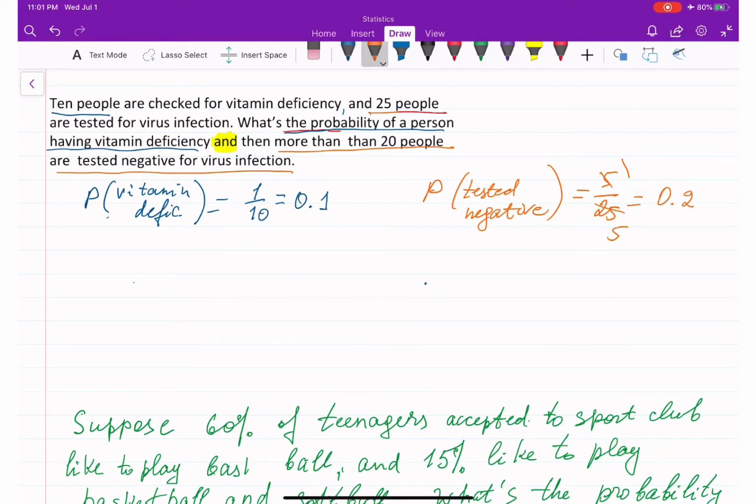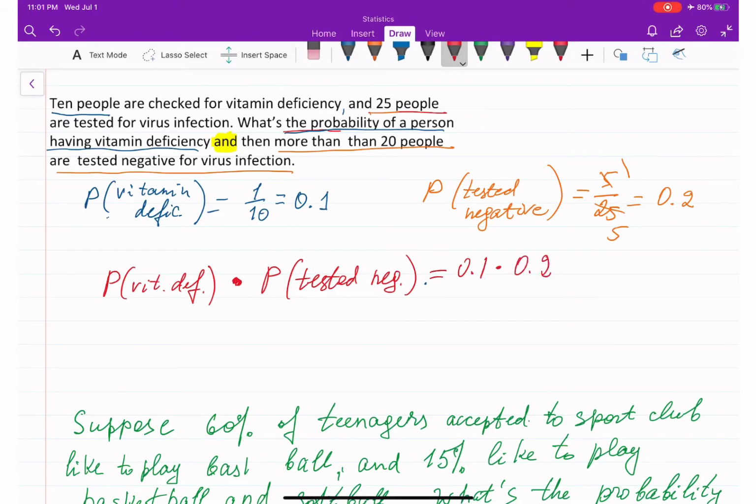So if we need to find the answer, probability of vitamin deficiency, and we have and, we put multiplication, probability of tested negative. It's going to be equal 0.1 times 0.2, which will be 0.02. That is 2%.